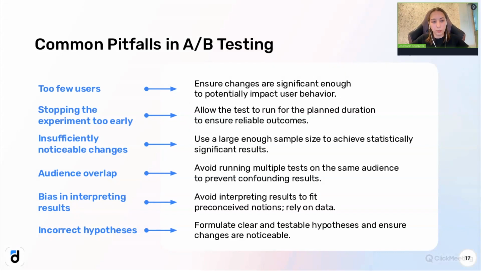the main pitfalls. Some of the most frequent issues arise when the changes made are too subtle to detect any significant difference, not having a large enough user base to ensure statistical validity, or allowing audience overlap when you run multiple tests simultaneously.